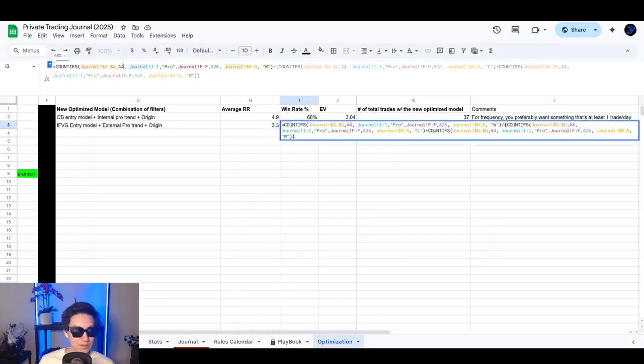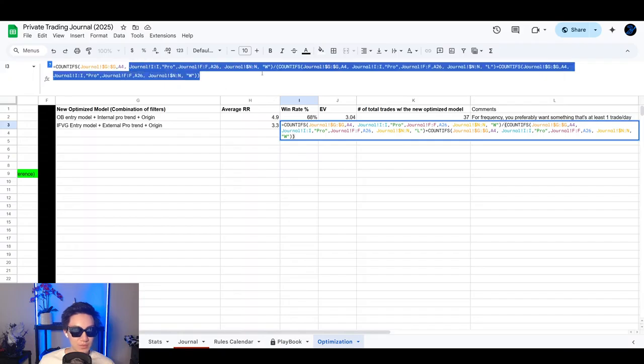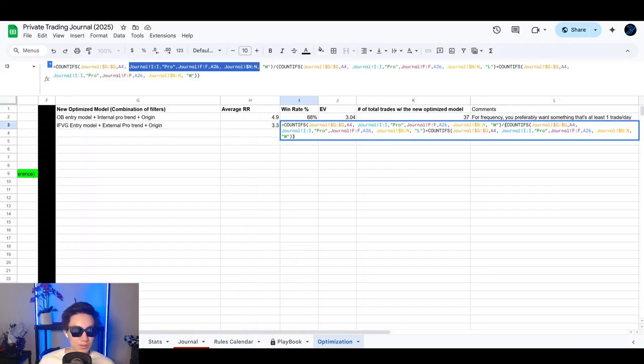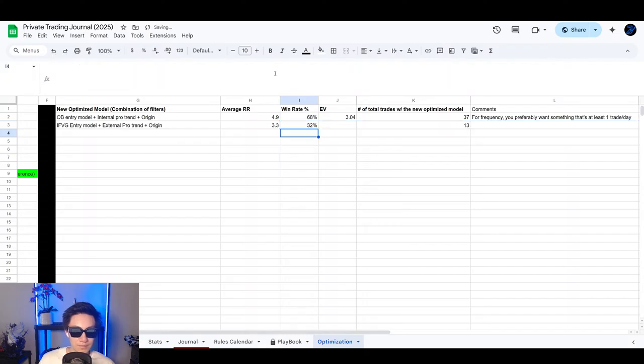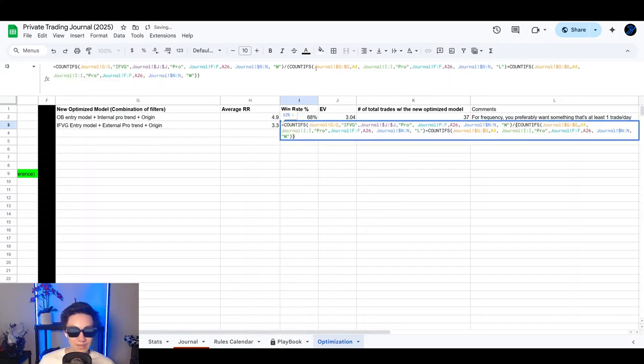So this, for example, is averaging the win rate, I believe, which is the G section. We want to change this part. Actually, no, we can delete this. We can change this. Don't want to get rid of the W part here. And then also we got to change the rest here.